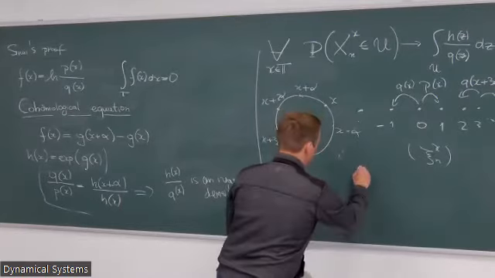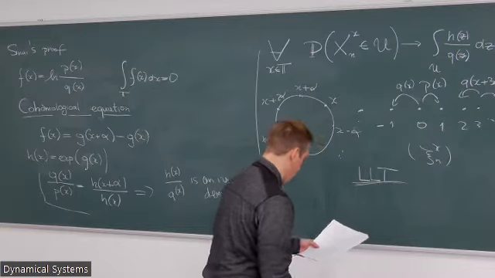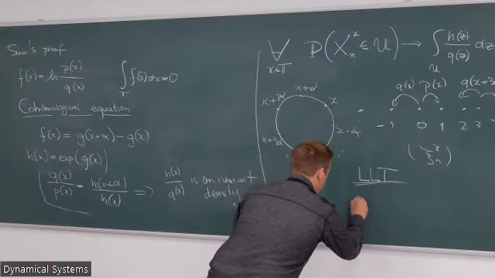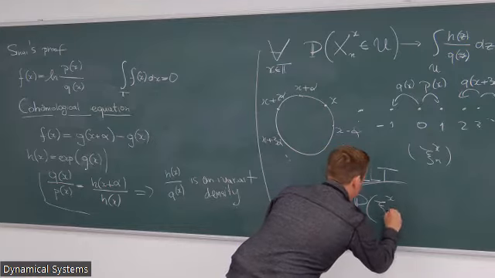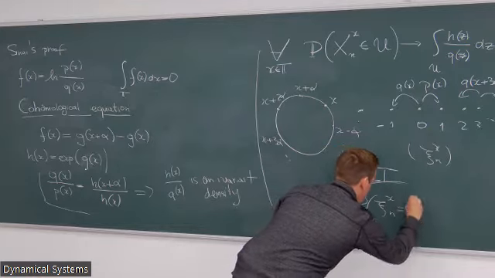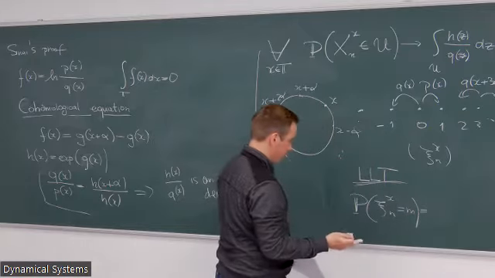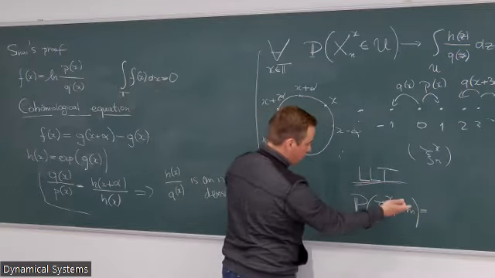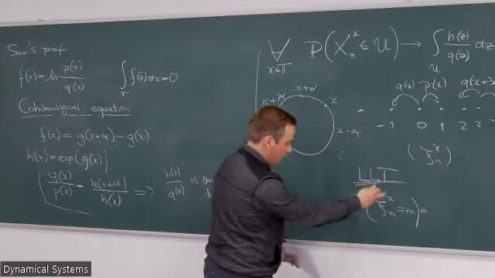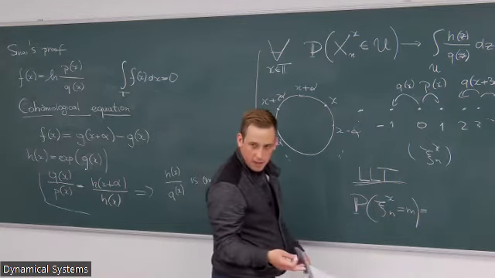Sinai proves a local limit theorem for this random walk. We are interested in the value of this probability, and of course you can write down a formula, but it's very complicated and ugly.